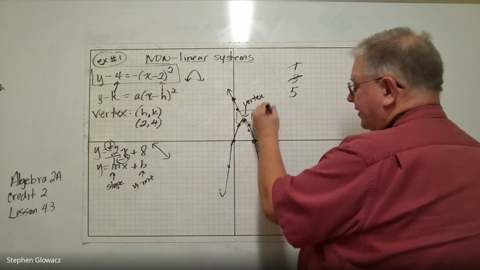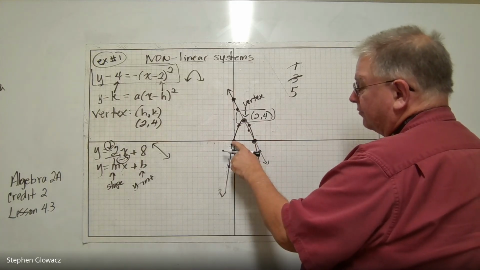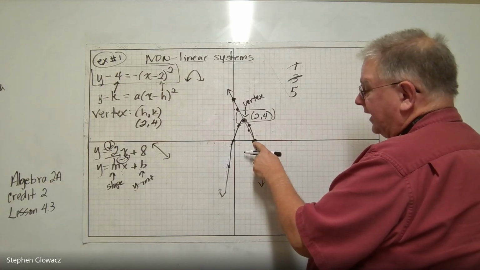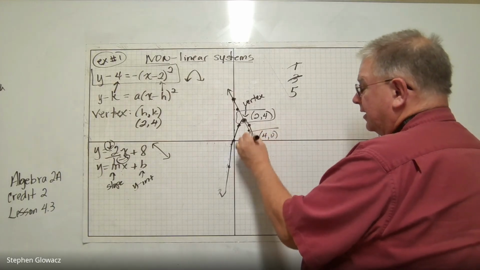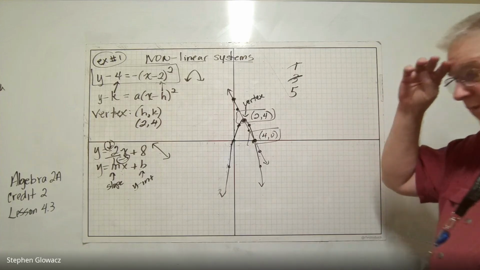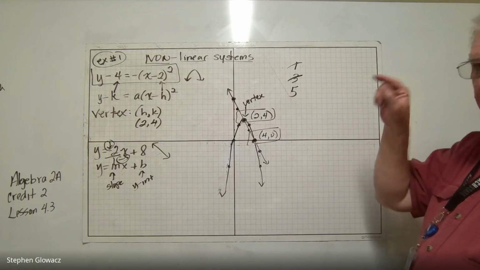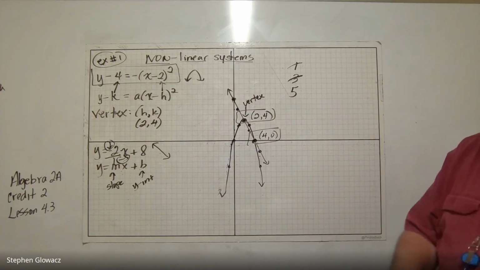And the other point of intersection is down here. And the coordinates of this point, in other words, how do we get there from the origin? We go 4 to the right, and we're there. There's no up or down, so 4 and 0. But again, all you have to do is just match your graph to the correct graph in the packet. All right, so that is an example for number 1.